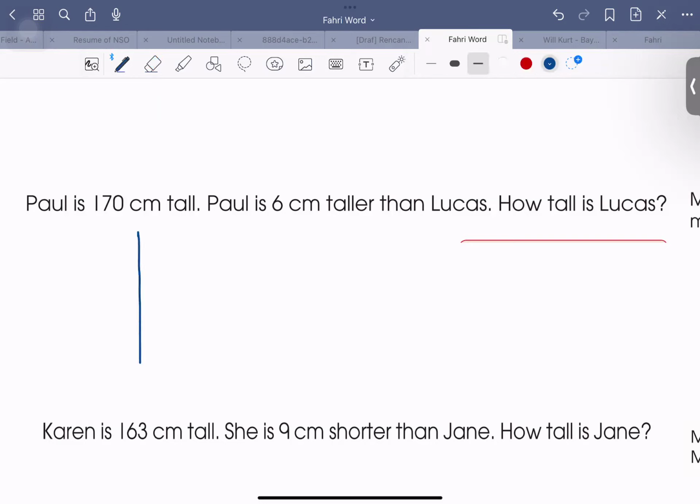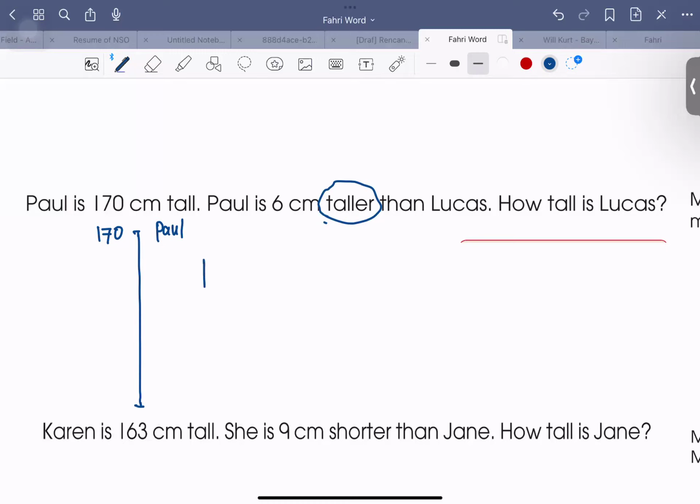Paul is 170 centimeters tall. This is Paul. And Lucas: Paul is 6 centimeters taller than Lucas. So Lucas is shorter than Paul.